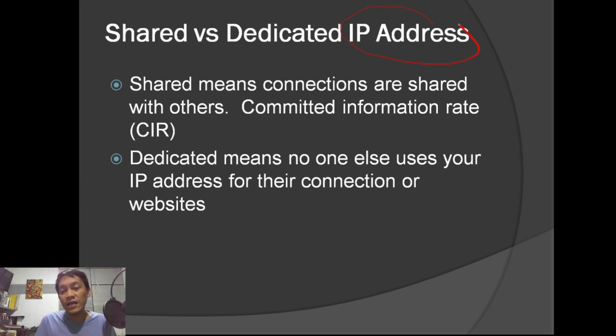if that internet has an IP address, may IP address siya, this is connected to a router, and basically there are so many users which shares the same line. Okay?